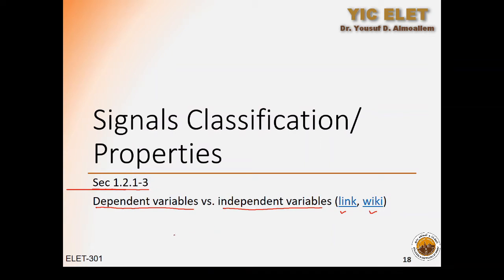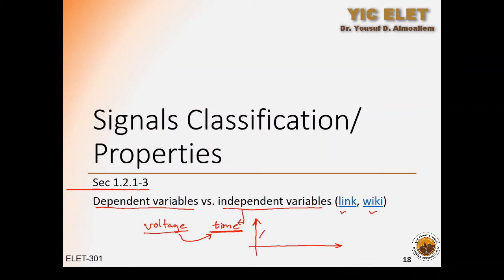But just in brief, if we set up an experiment and we want to measure, for instance, the voltage, by default we assume that there is an independent variable, which is the time, which we are using in this experiment as the independent variable. So what we are trying to do is to monitor the voltage across time, how the voltage is changing based on how time is going on.